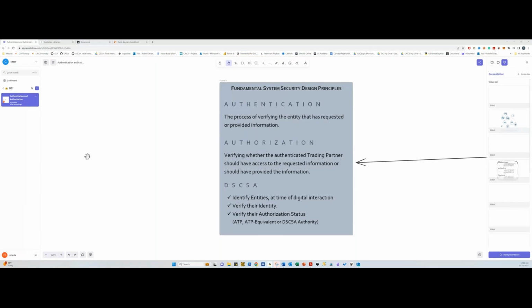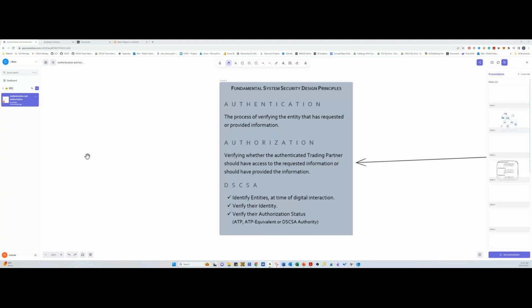So again, from a fundamental security design principles point of view, authentication is the process of verifying the entity that's requested or provided information. And if we're mindful of the distributed environment, the fact that this is happening electronically, even though someone may provide you with an identifier, let's say a global location number, GLN, just because they provide that to you, it doesn't mean that they actually are that entity.